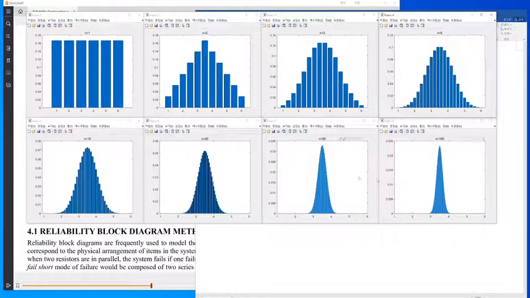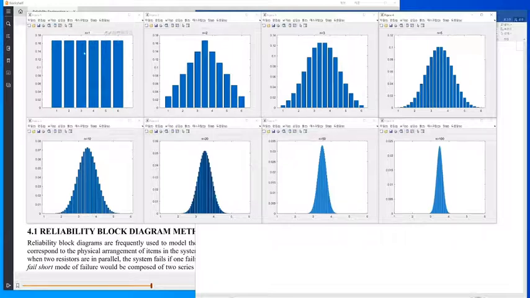And in fact, these distributions are also related to what we covered last week in normal distribution. So this is related to the central limit theorem.